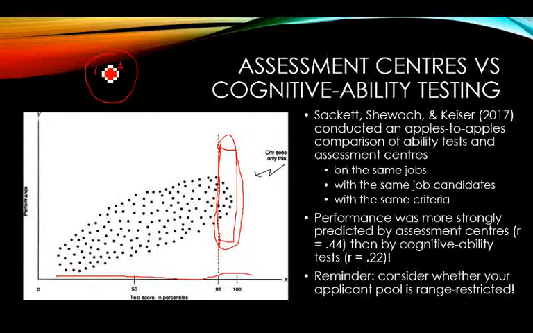Yeah, so they had the IQ test and they had the assessment center for the same job. It was given to the same job candidates and evaluated on the same criteria. That way, it's a fair comparison. You're not dealing with the whole applicant pool. You're just dealing with the people who you would want to select for a managerial role. Yeah, and I think in this case it was for a job.